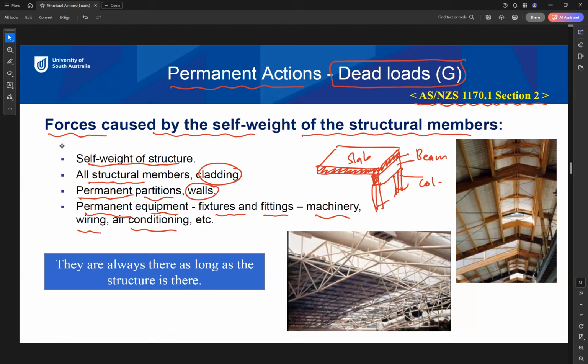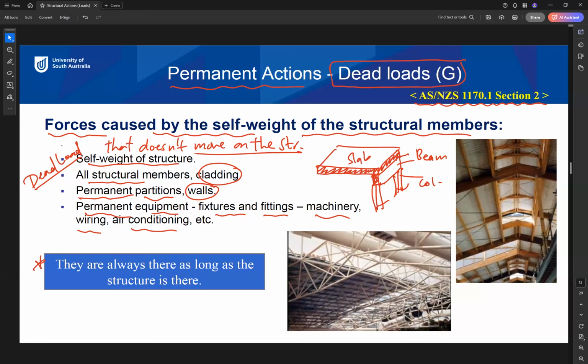So anything that you think will stay for a long time on the building should be considered as dead load. And then again, the dead load is load that doesn't move on the structure. So any load that doesn't move can be considered as dead load.